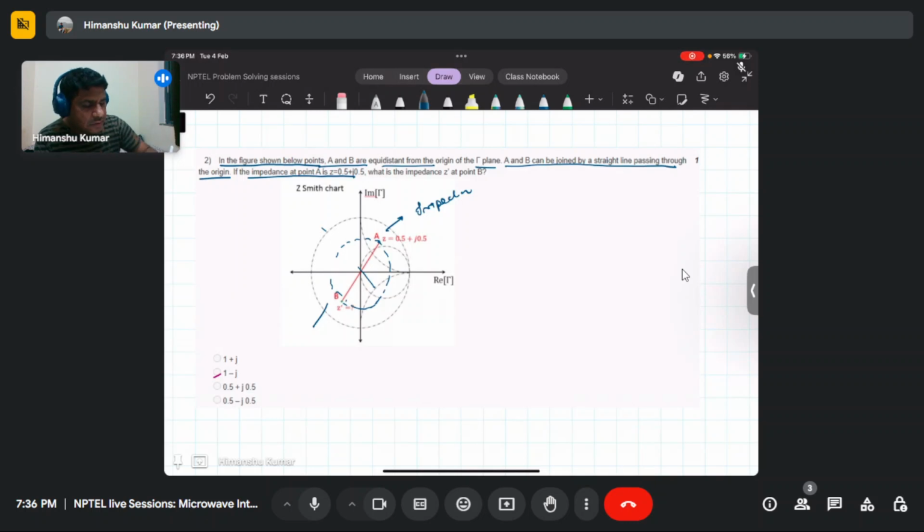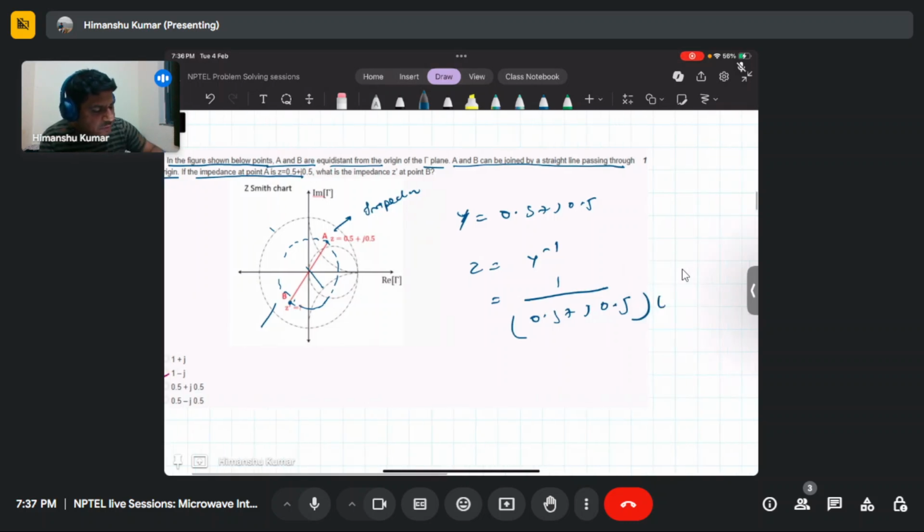The y of this side is 0.5 plus j times 0.5. This is the admittance at this point, and to calculate the impedance, z is y inverse, so 1 over 0.5 plus j times 0.5. Take the complex conjugate of the denominator, 0.5 minus j times 0.5.